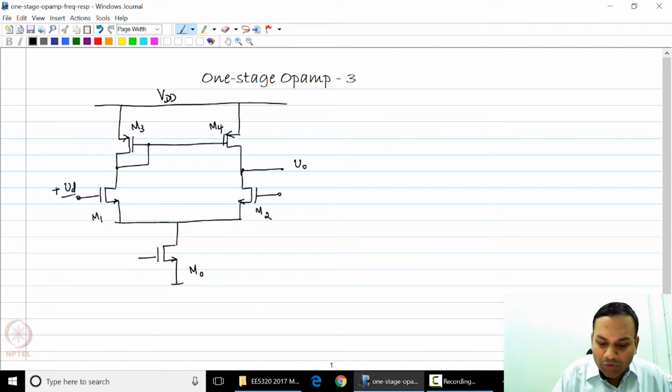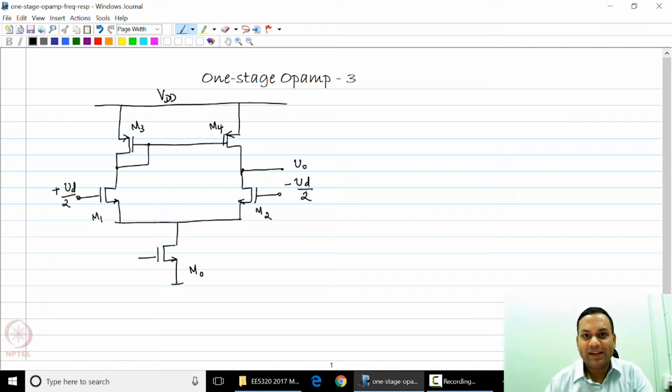So, I have inputs of plus Vd by 2 and minus Vd by 2. Now, let us assume that every node of the circuit has some parasitic capacitance. So, we now have 3 nodes in the circuit. I am now going to name them X, Y and Z.